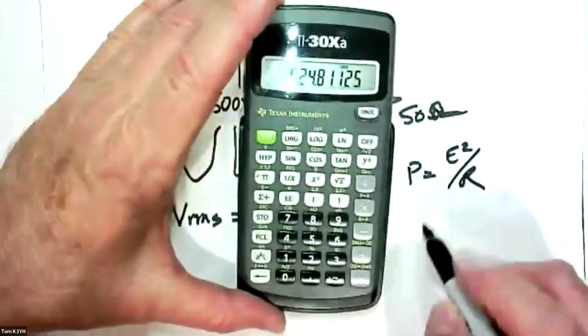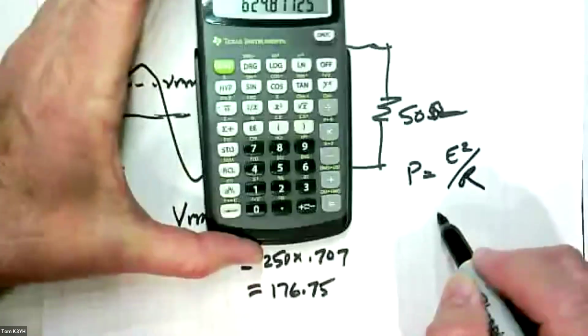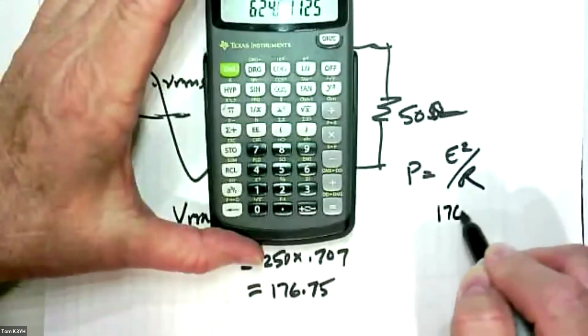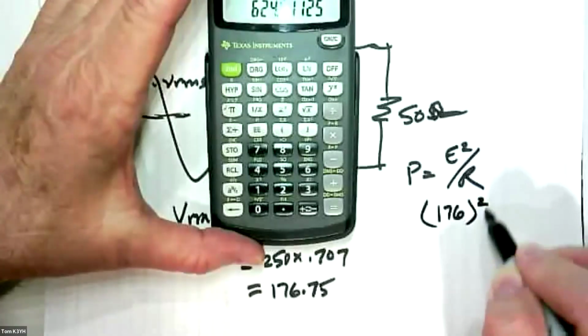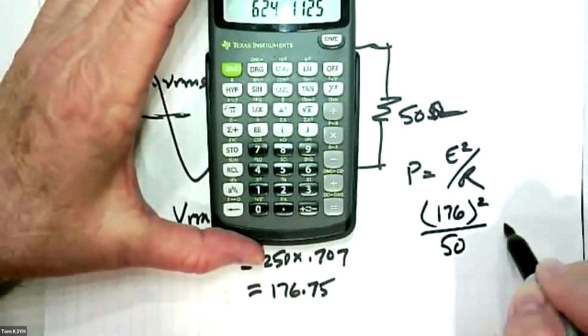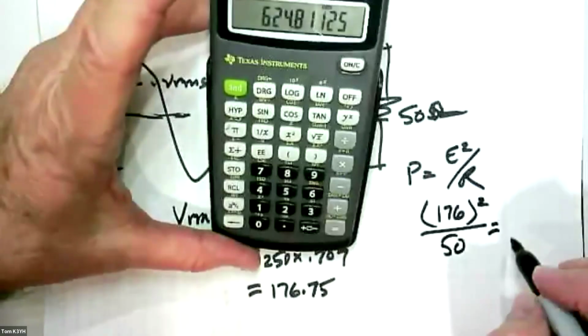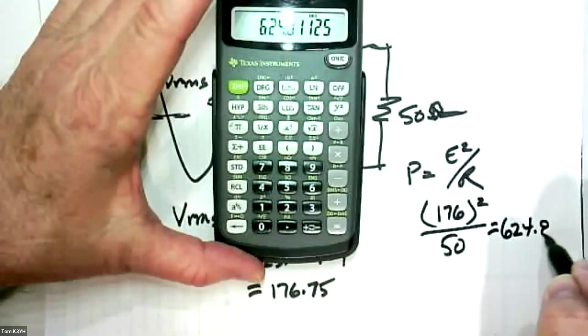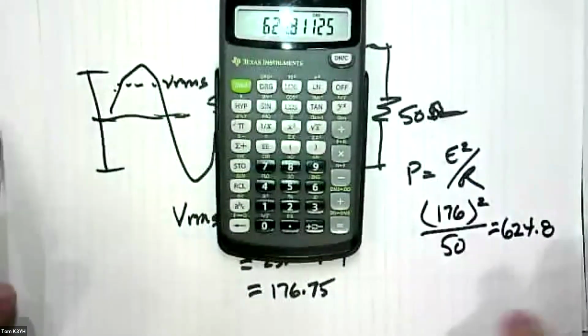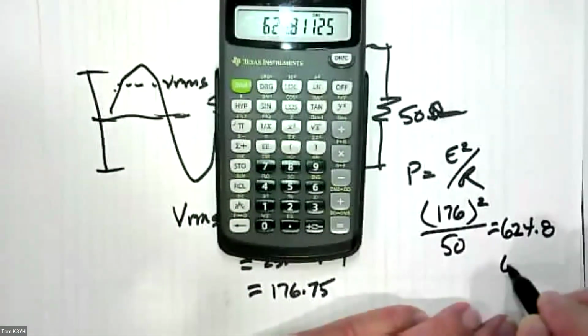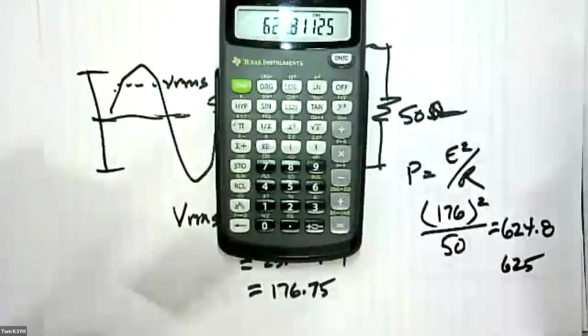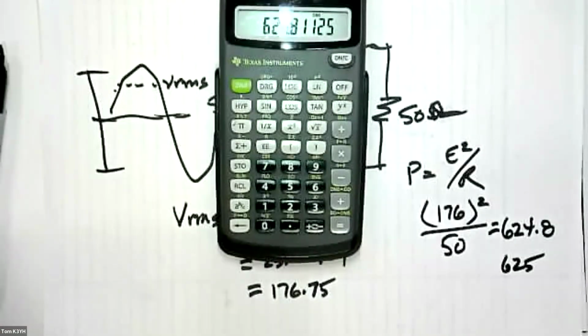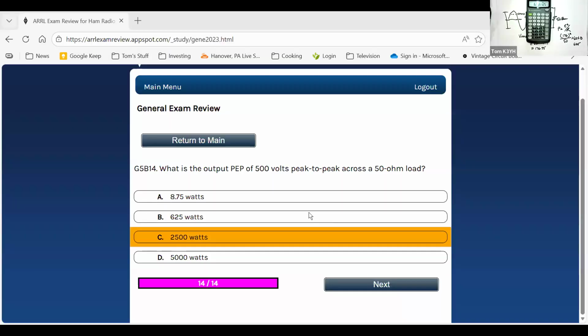And I'll just do this: 176 squared divided by 50 equals 624.8. Okay, roughly 625. And if we go back to the question in the book, that's the right answer.